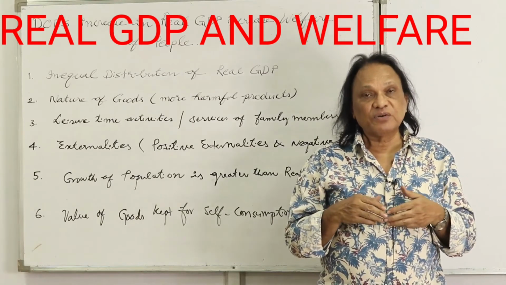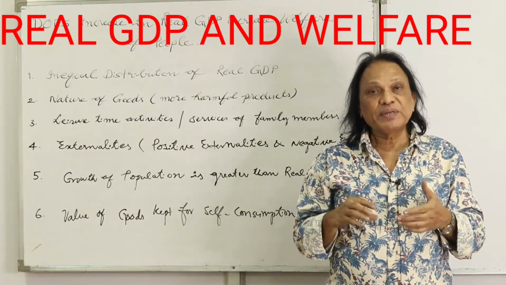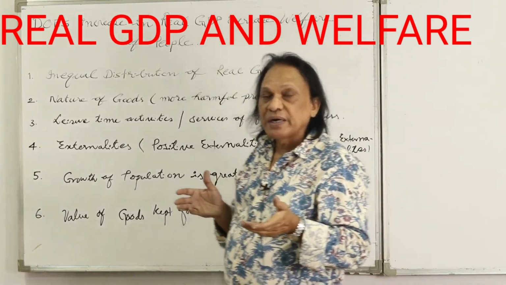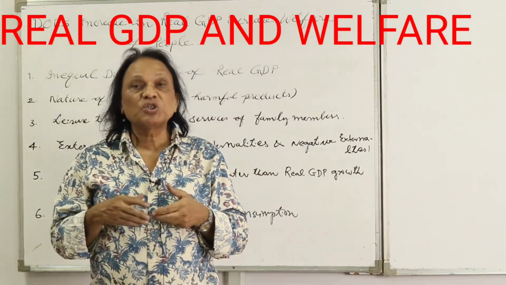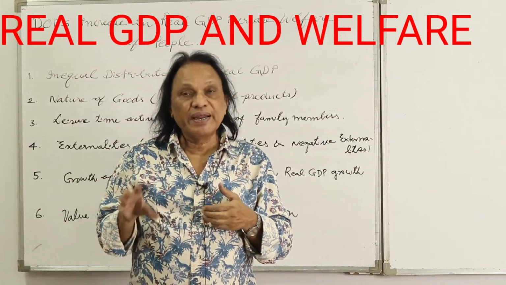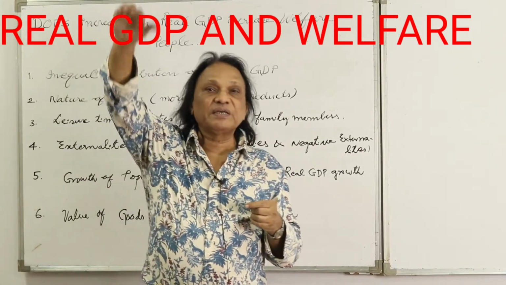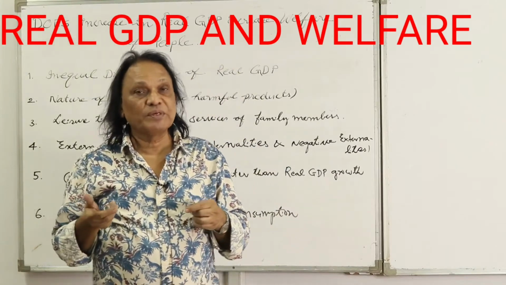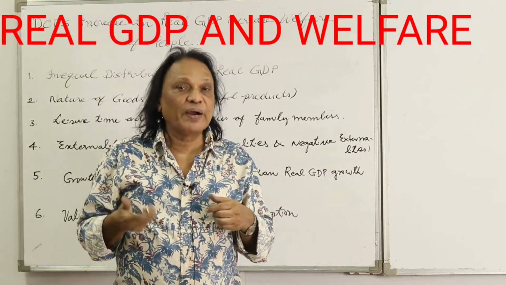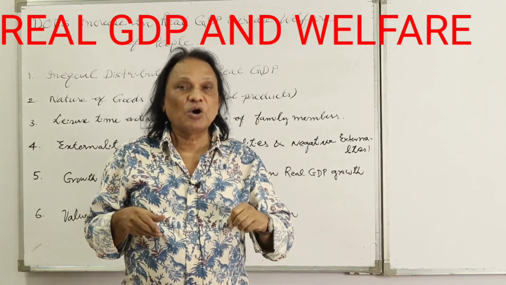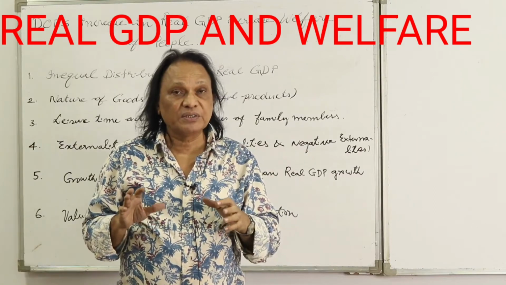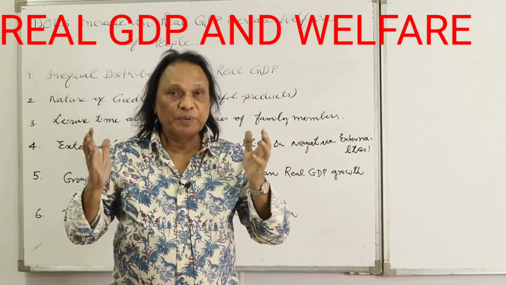And we discussed another very important point. Nominal GDP or GDP at current prices does not show economic growth. Real GDP shows economic growth. If real GDP is increasing, definitely there is economic growth in the economy. And one more point we discussed, increase in nominal GDP does not increase the standard of living of the people.